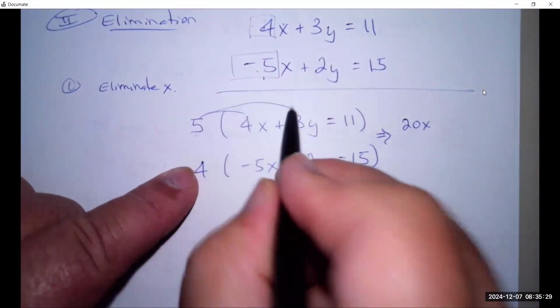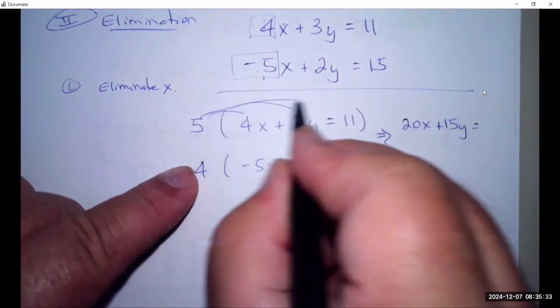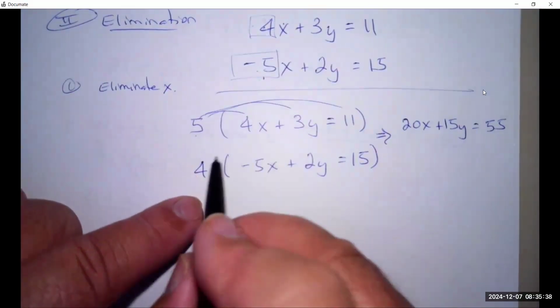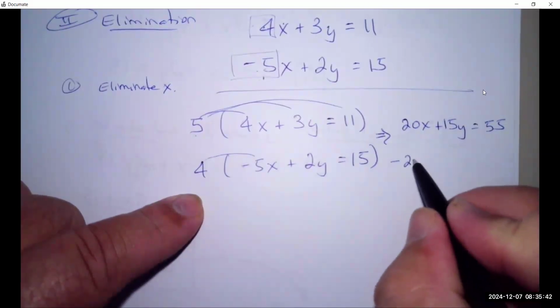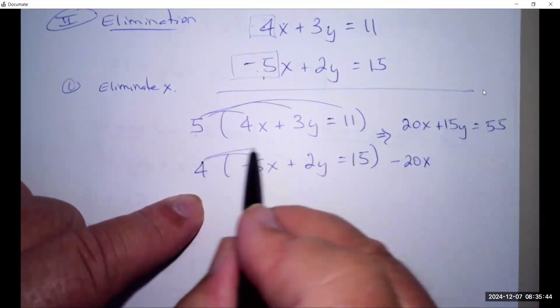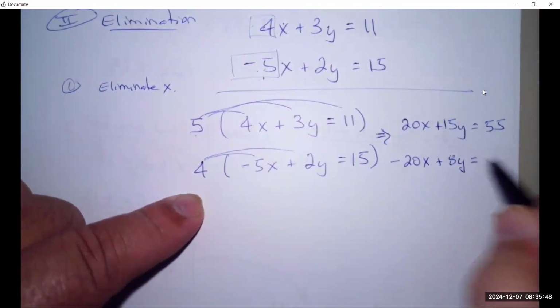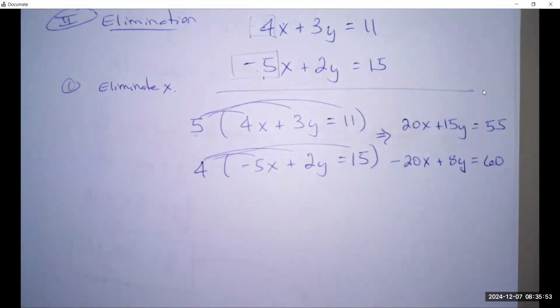So it's going to be 20x plus 15y equals 55. For the second, 4 times negative 5 is negative 20x. 4 times 2 is 8y. 4 times 15 is 60.